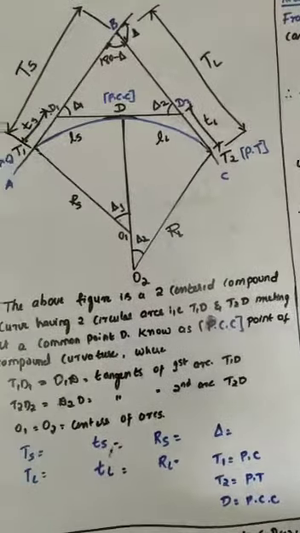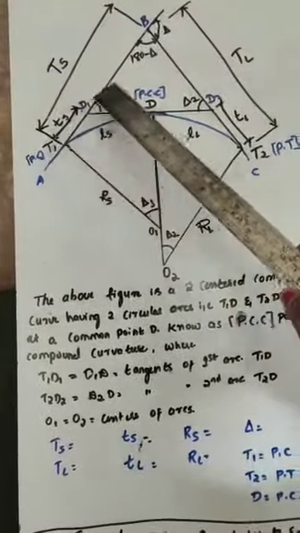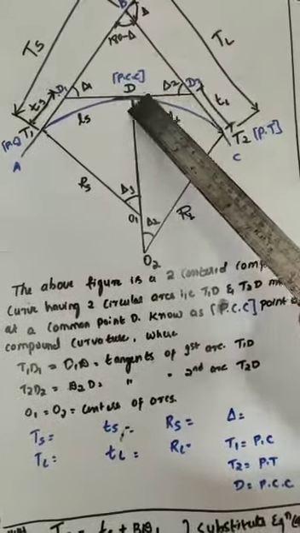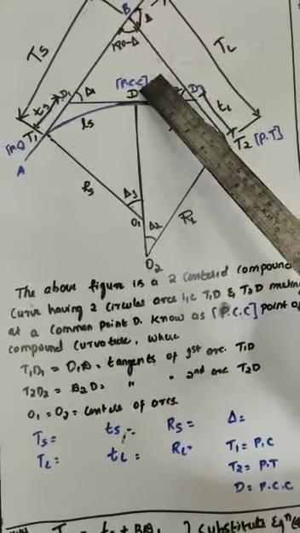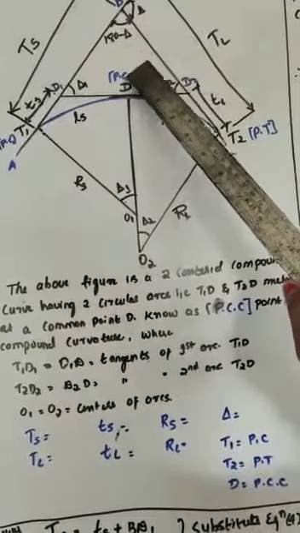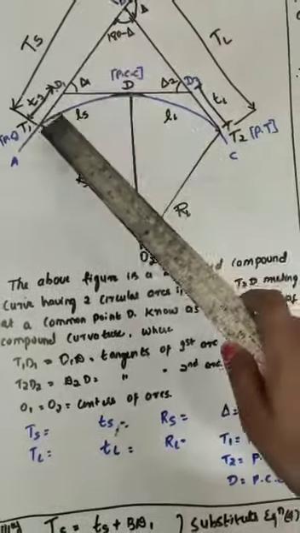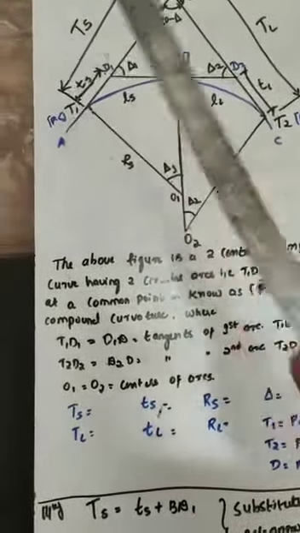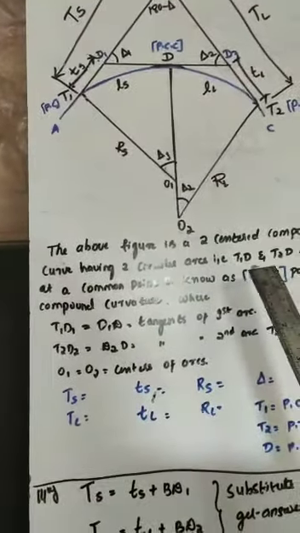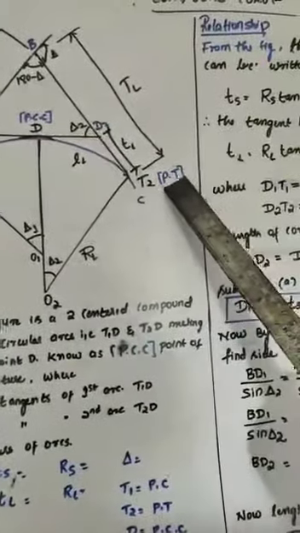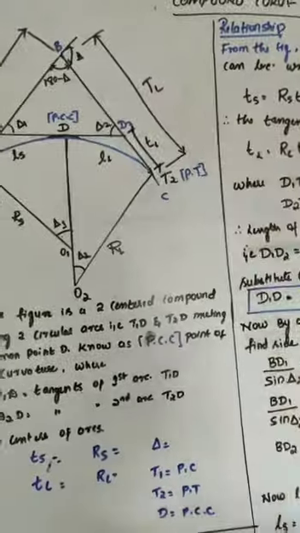Then these arcs, T1D and T2D, meet at a common point, known as PCC, the point of compound curvature. T1 here is PC, the point of commencement of the curve, and PT is known as point of tangency.